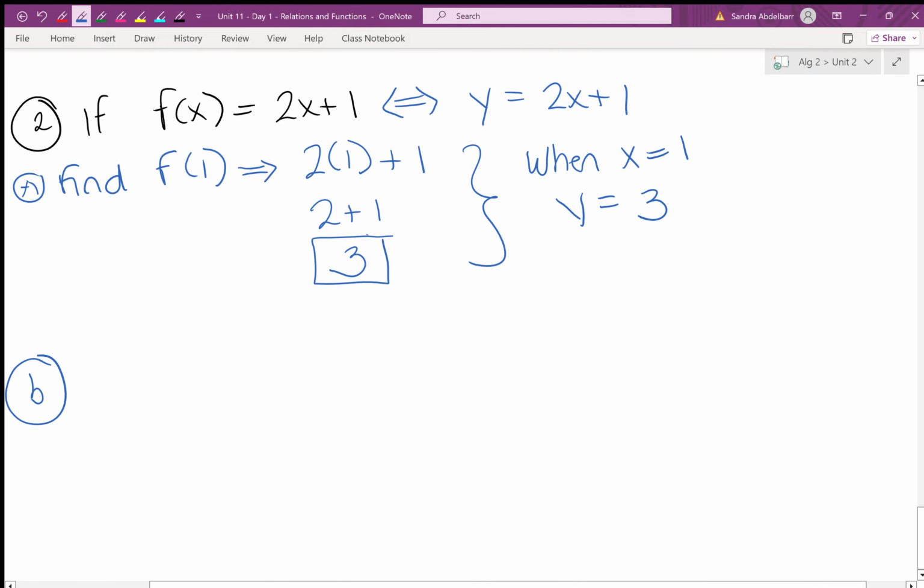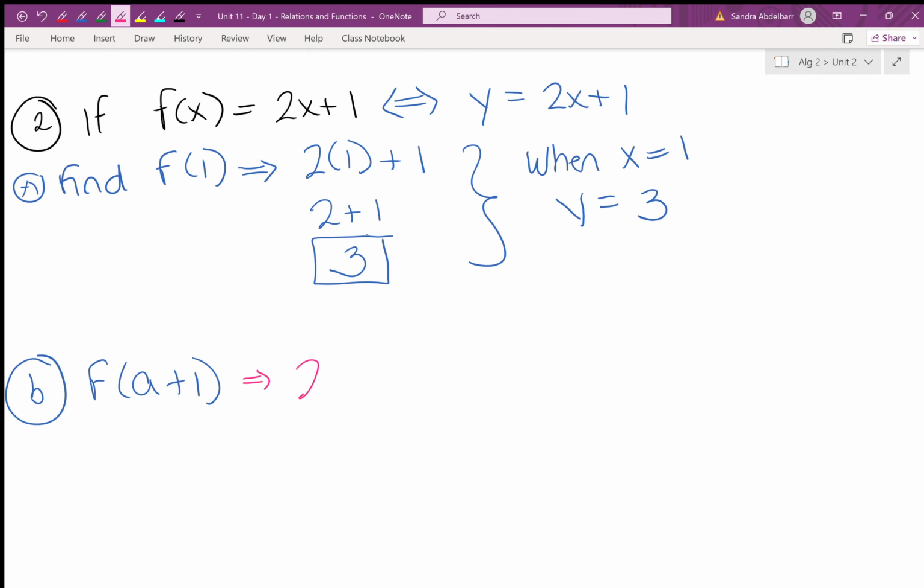Same function, 2x plus 1, but now I'm going to ask you to find f of a plus 1. So what am I going to do? Anytime I see x, what am I substituting in? A plus 1. So this is going to be 2 times the quantity of a plus 1, I need it in parentheses, plus 1.